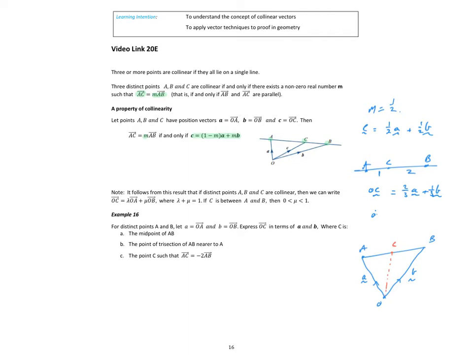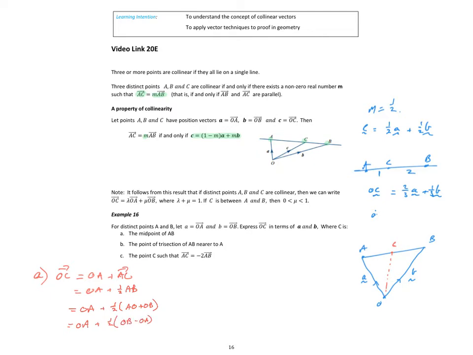So we want to work out OC. If I wanted to work out OC initially, one method would be to say that OC is equal to from O to A plus A to C. Now AC, because it was the midpoint, is a half of AB, which is equal to OA plus a half of AO plus OB, which is equal to OA plus a half of OB minus OA.